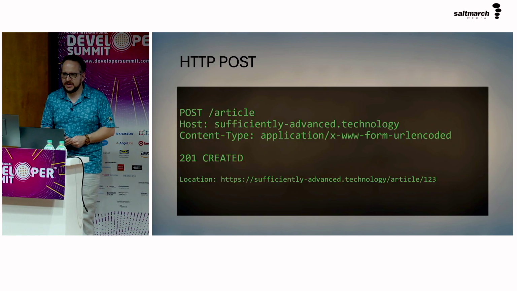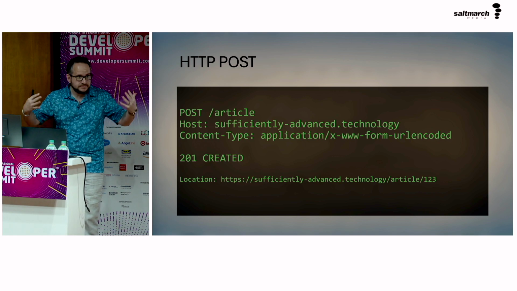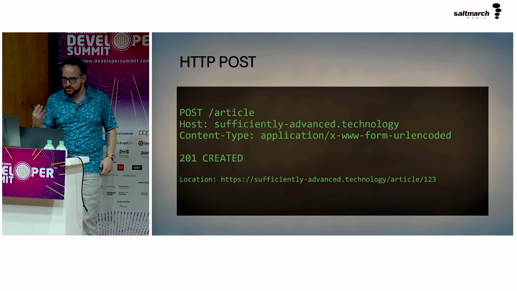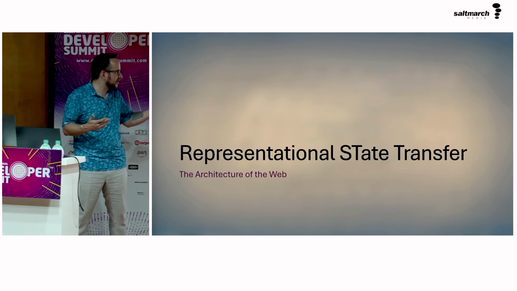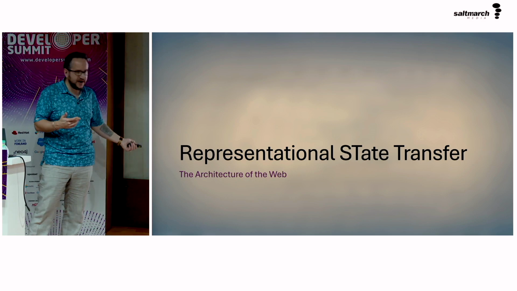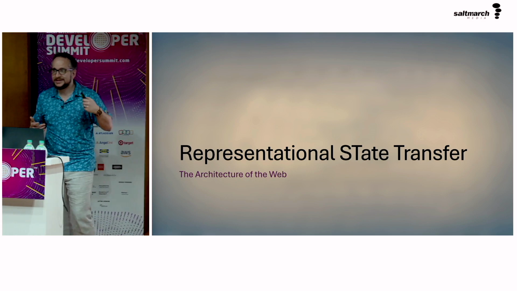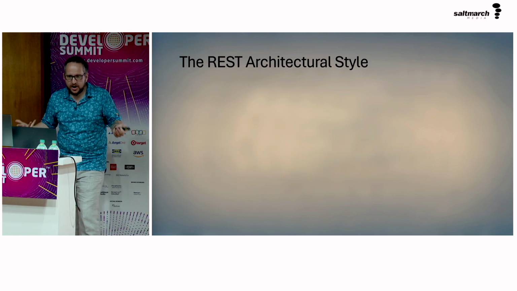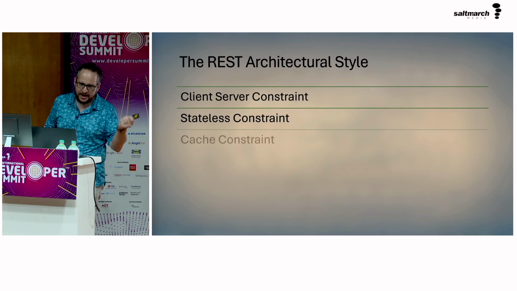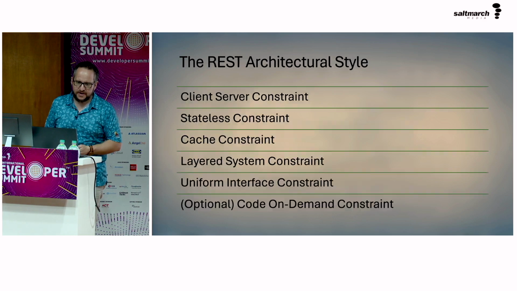And on the other side, if I want to create a resource, I'm going to post to an endpoint a representation of the state. And this is why we call it representational state transfer. A lot of times we think about this as part of APIs, but more broadly, it's the architecture of the web defined by a handful of constraints.